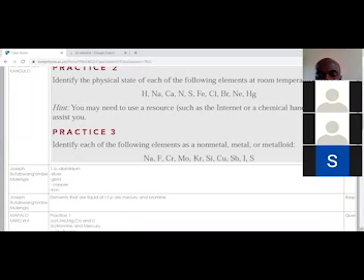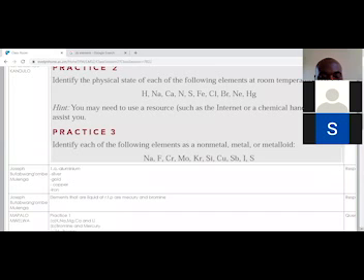So chlorine is more electronegative than sodium. What that means is that chlorine can accept electrons, while sodium would easily donate. So sodium is electropositive.